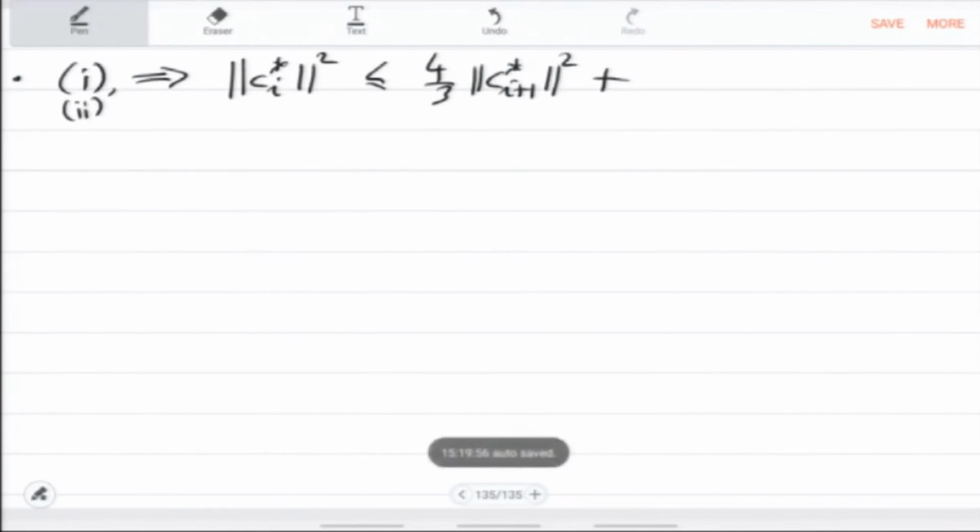Condition 1 implies that Ci star square is less than or equal to 4 by 3 Ci plus 1 star square plus 4 by 3 mu square, and mu by the second condition is less than or equal to half in magnitude, so that is 1/3 then.